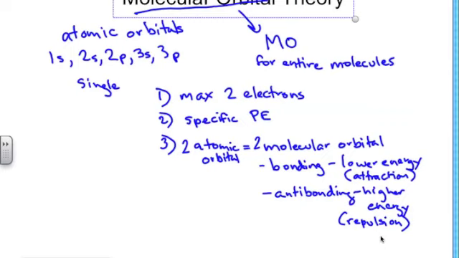So let's look at something simple, and I'm going to give an example. We're going to talk about hydrogen. Good old hydrogen is 1s1.